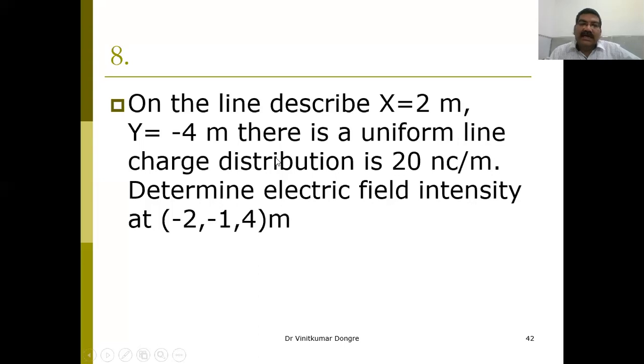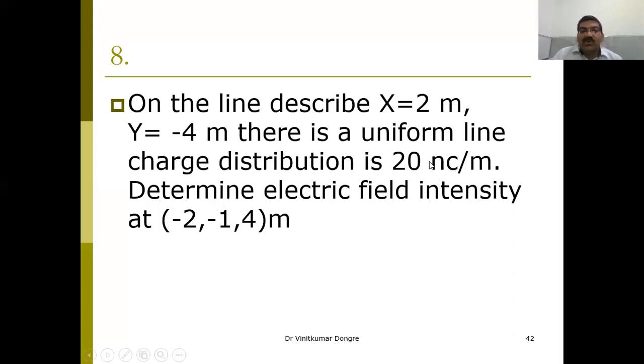Even if the line charge is not mentioned, if only a charge distribution of 20 nanocoulomb per meter is mentioned, you can understand this is the line charge. It is located at x equals 2 and y equals minus 4. So this line is perpendicular to what? Sorry, it is parallel to the z-axis, this line.